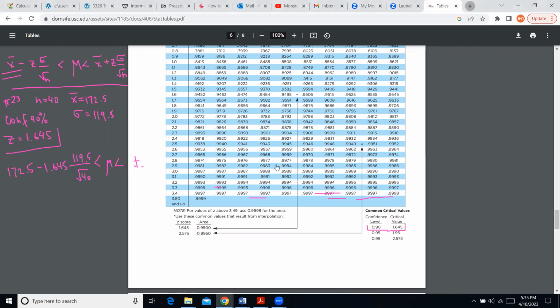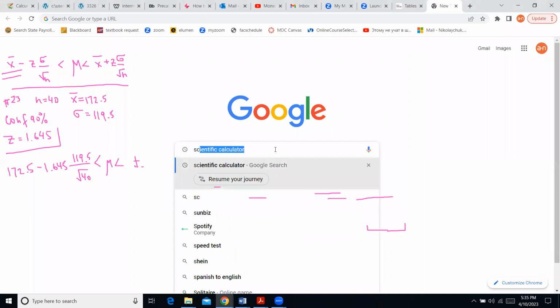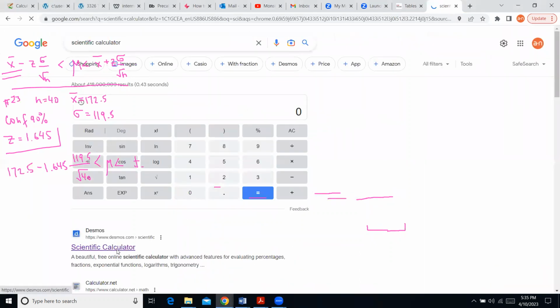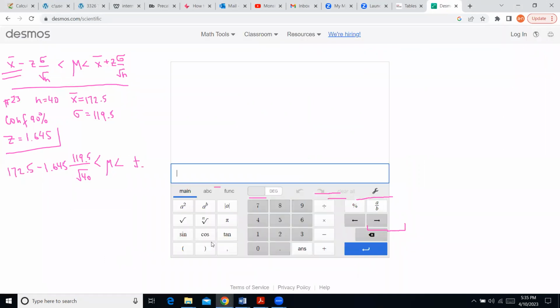Scientific calculator. And now you just need to carefully enter this and do this along with me, because maybe it'd be a good idea that I ask you to try to calculate something with a calculator today.